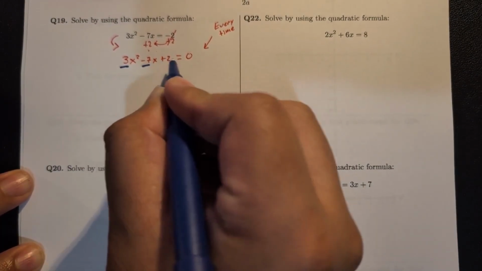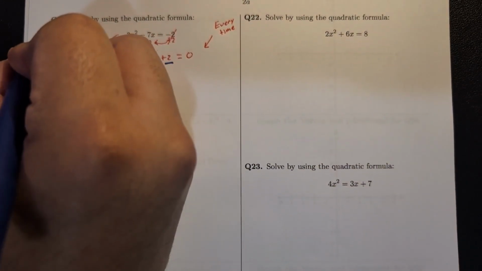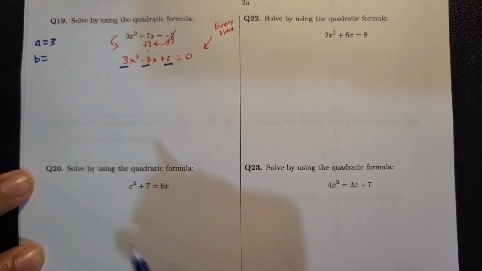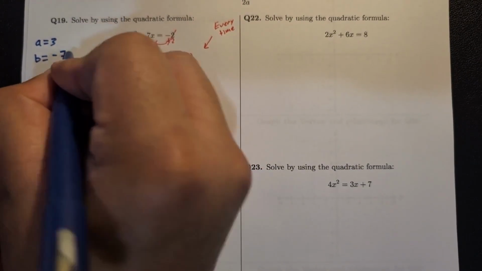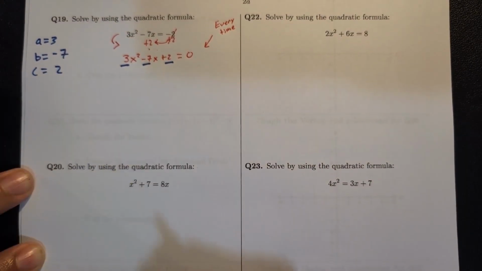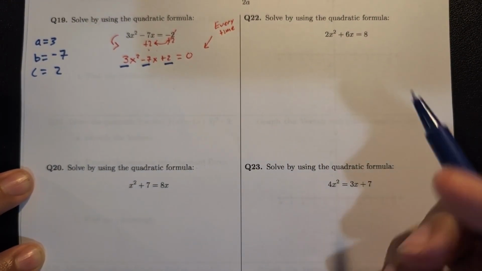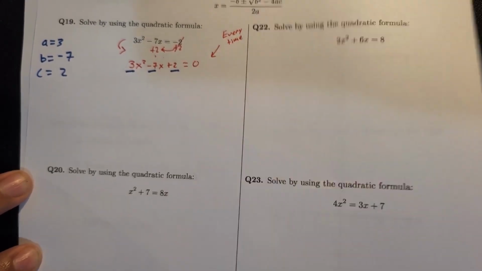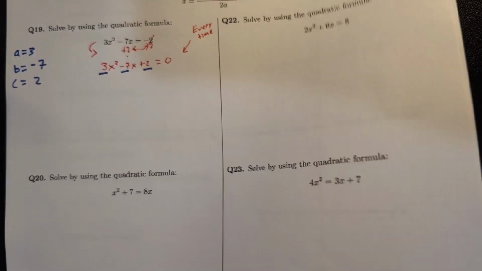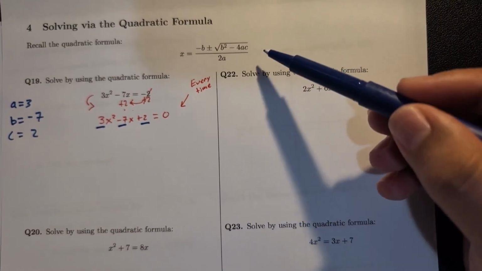A is 3, B is negative 7, and C is 2. Now, we just need to plug it into my quadratic formula up here.